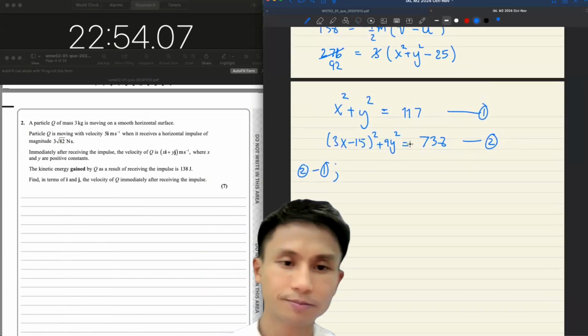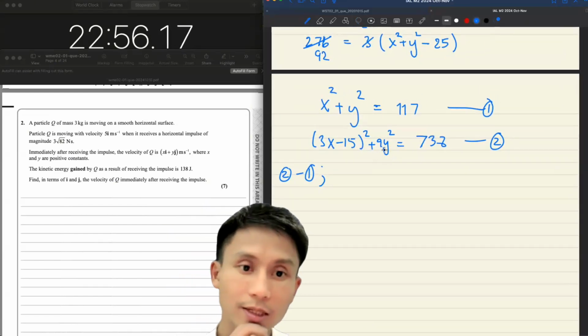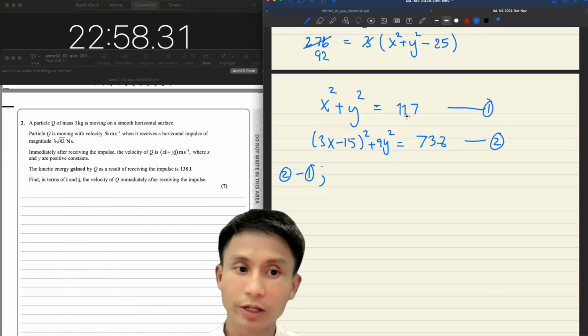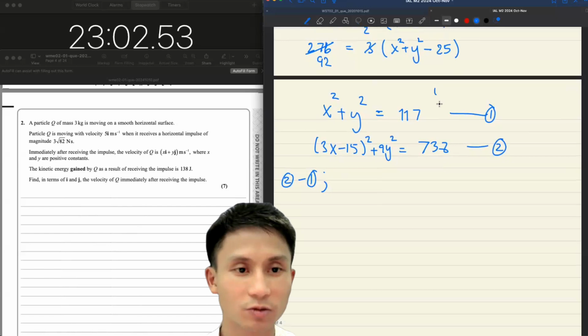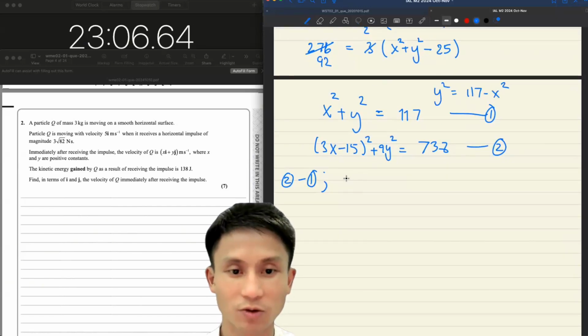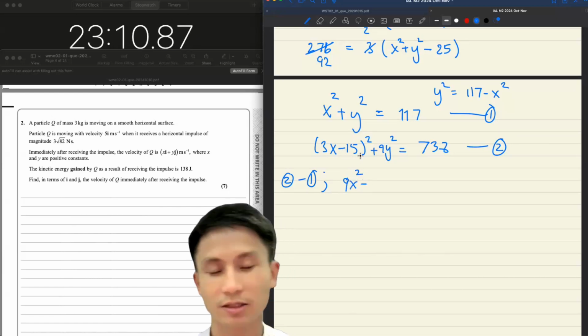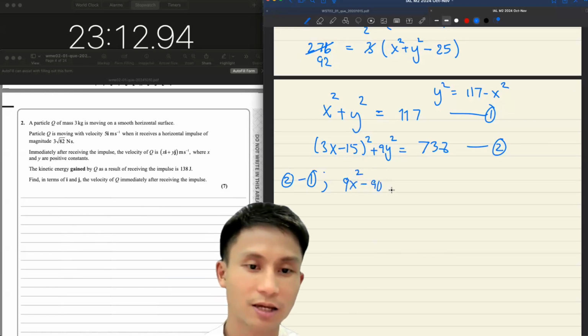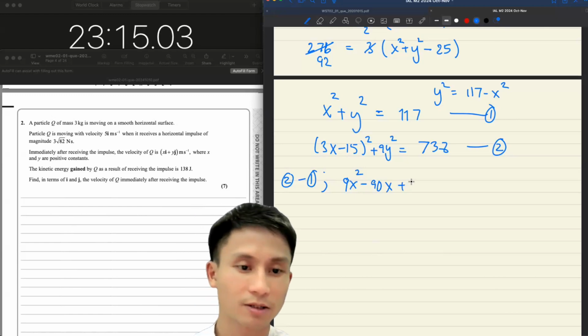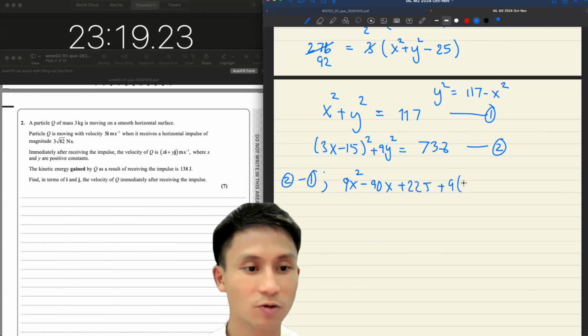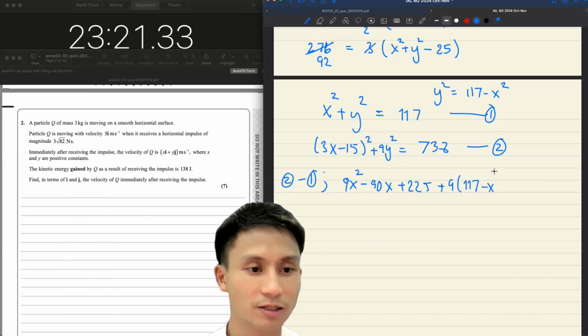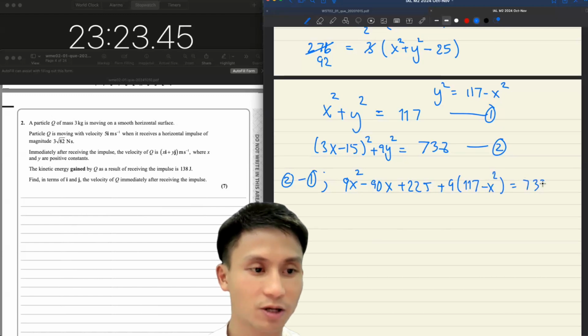Okay, so I'm just going to isolate y here. So y squared equals 117 minus x squared, and put it in the y squared there. Expanding this, I get 9x squared minus 90x plus 225, and substituting y squared with 117 minus x squared equals 738.